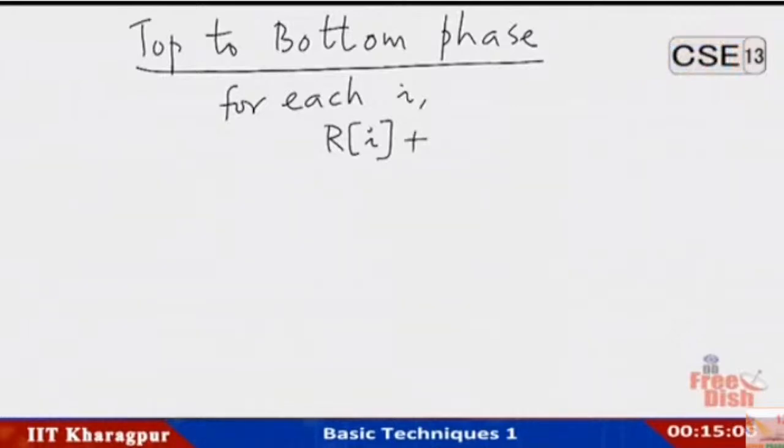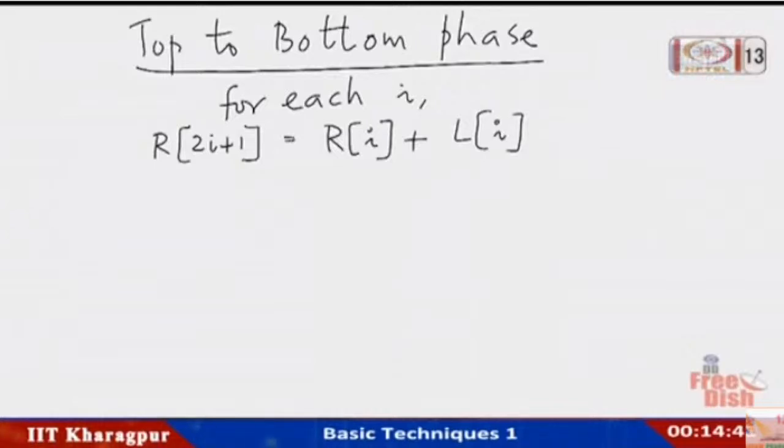This plus the value it received from the left side should be sent to the right child. So this is what is to be the right value of its right child. 2i plus 1 is its right child, and the r value is supposed to be the value which it receives from above, receives from the parent. So node 2i plus 1 is going to receive this value ri plus li from node i, which is its parent, and the right value of i will be passed on to node 2i without any change.